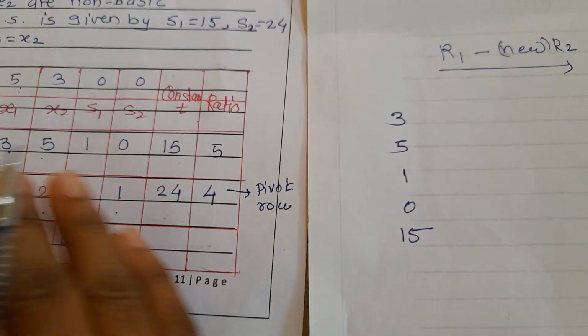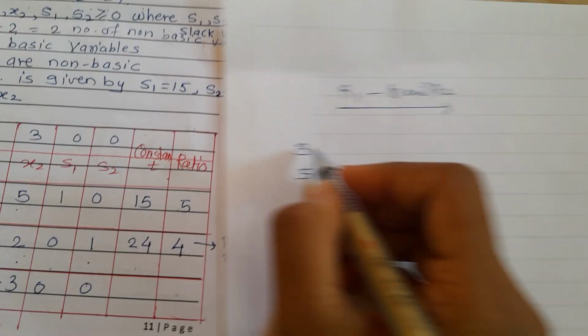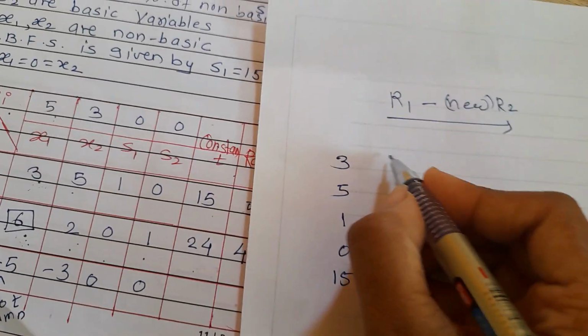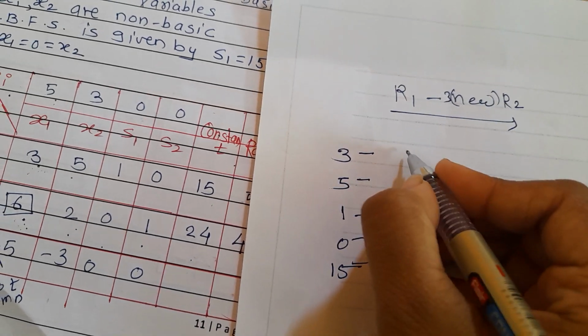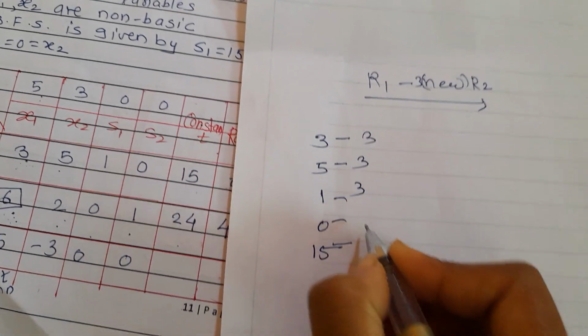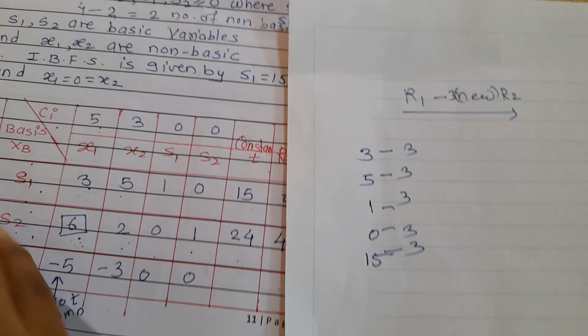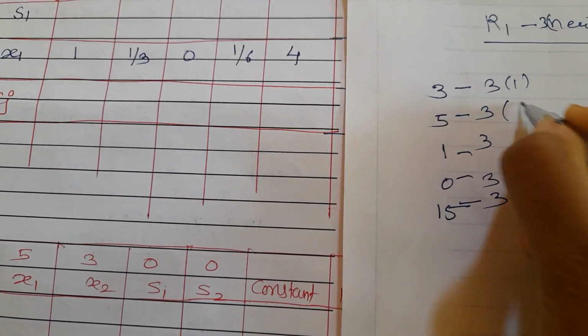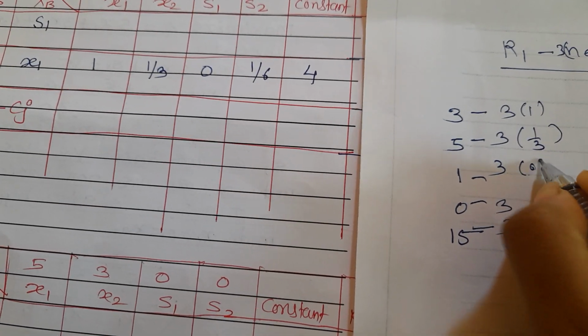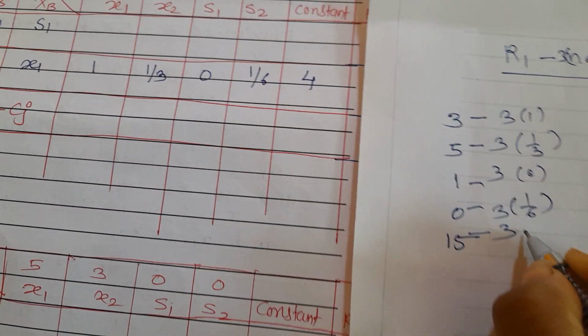Don't write the ratio, only the terms and the constant. Minus 3 times new R2. Write here minus 3, minus 3, minus 3, minus 3. And then write our new R2, which is 1, 1 by 3, 0, 1 by 6, 4.